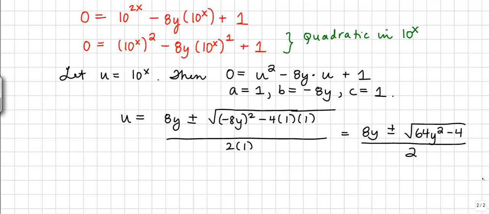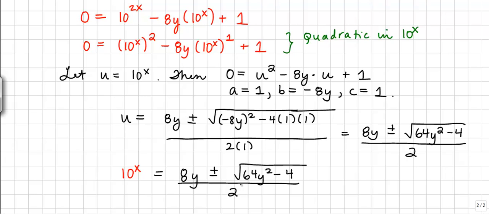And you'd stop here if this were the original equation, but u is actually equal to 10 to the x, so I need to finish what I started. I'm solving for x. Okay, so I really have 10 to the x equals 8y plus or minus the square root of the quantity 64y squared minus 4, all divided by positive 2.